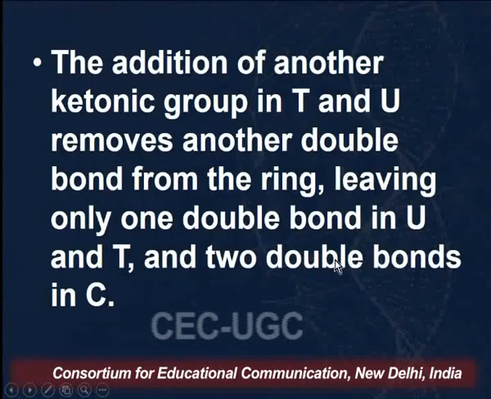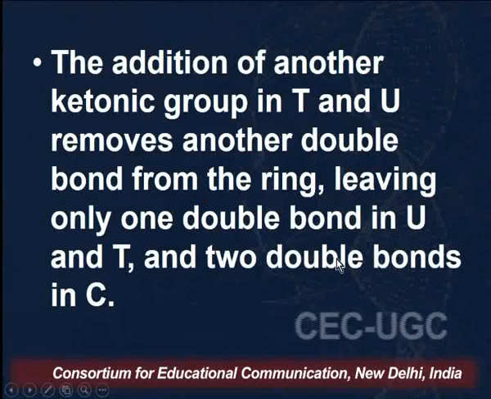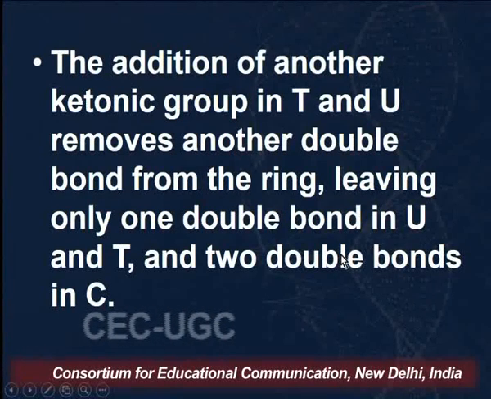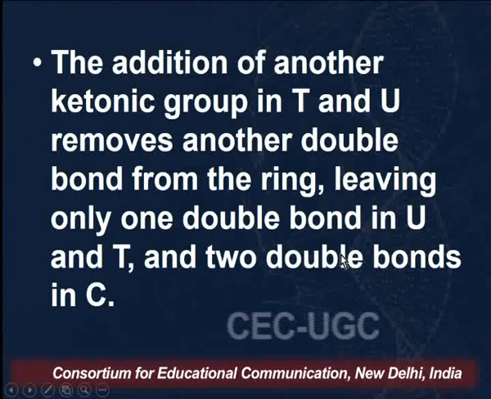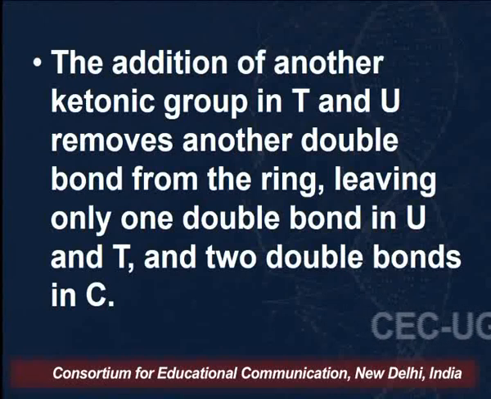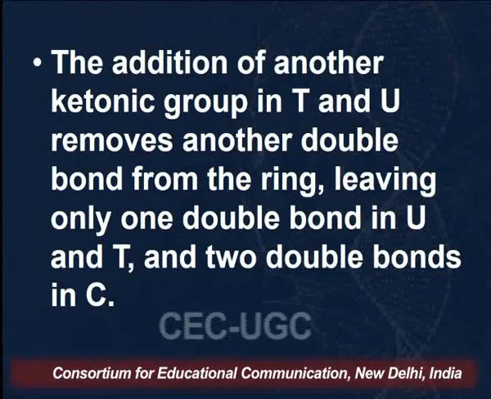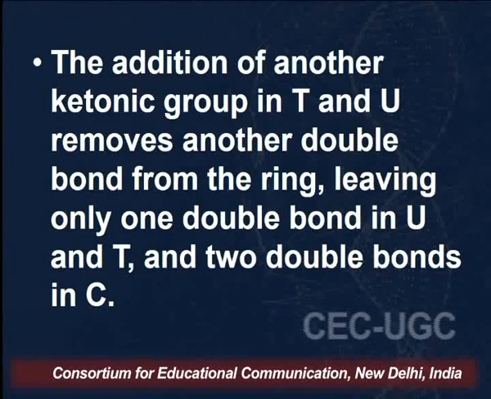So that means the addition of another ketonic group in thymine and uracil removes another double bond from the ring. When we are adding another carbonyl group, we are removing another double bond from the ring, having only one double bond in uracil and thymine and 2 double bonds in cytosine.